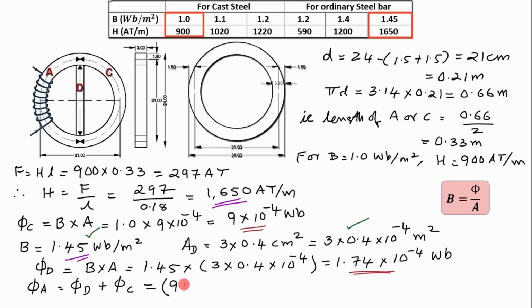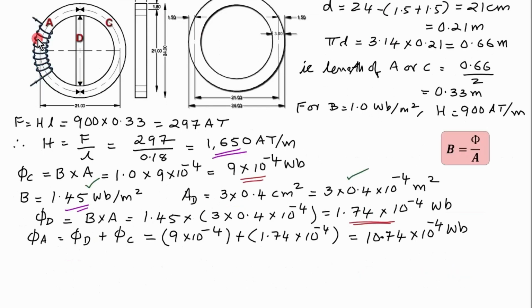So, 9 into 10 raised to minus 4 plus 1.74 into 10 raised to minus 4 is equal to 10.74 into 10 raised to minus 4 Weber. So, flux through limb A is 10.74 into 10 raised to minus 4 Weber.